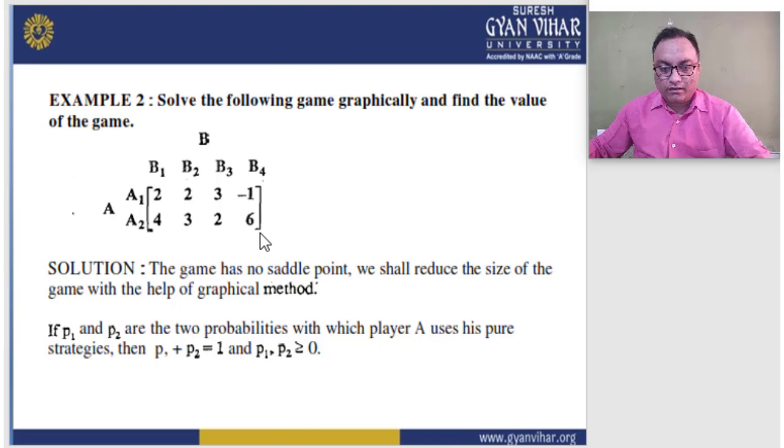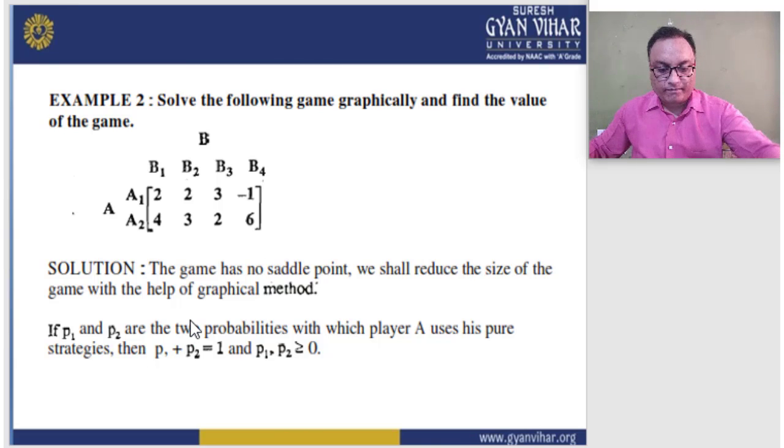So here the matrix order is m into 2. For this case, first you find the maximum and minimum functions. Here the minimum function is -1, and in this case the minimum is 2.